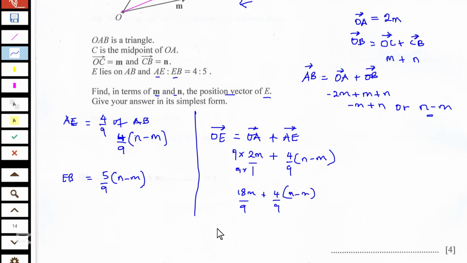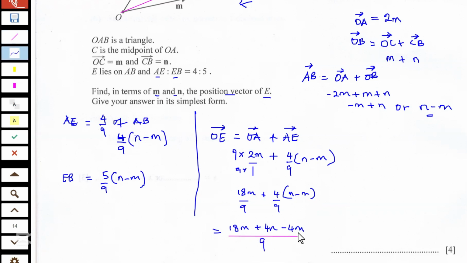So here we have 18m plus, expanding the bracket, 4 times n is 4n, then 4 times negative m is negative 4m, everything over 9.